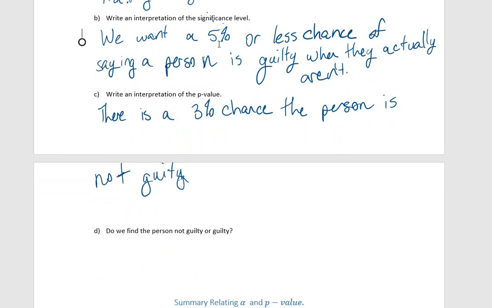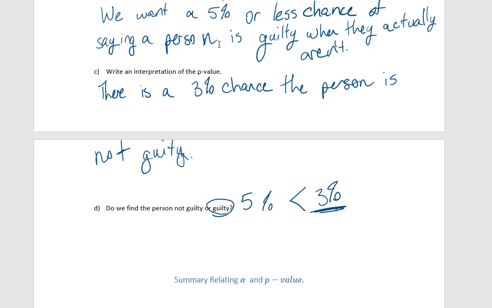We wanted to set this experiment up so that there was only a 5% chance or less that we mistakenly say that a person is guilty when they actually aren't. We wanted the probability to be 5% or less, and the probability that we found was 3%. That's low enough that we feel comfortable saying that the person is guilty.